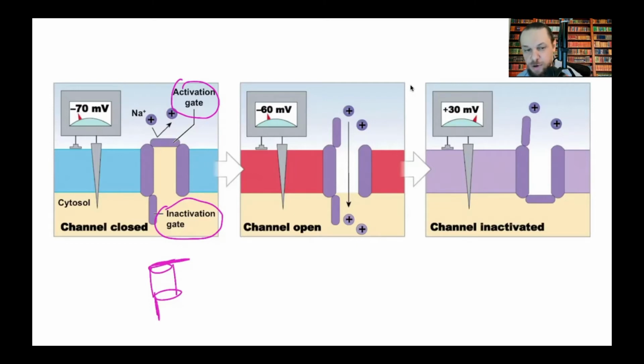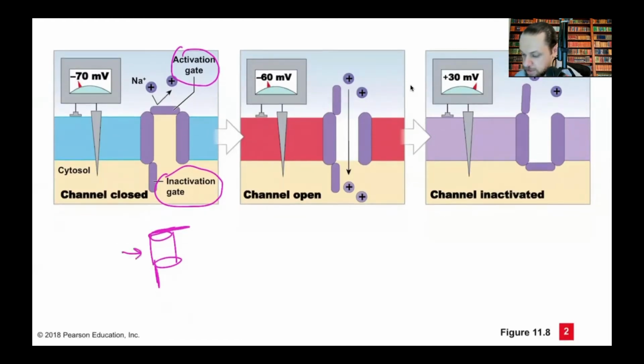for it to have exchange of ions, the channel must be open. So if the channel is in this state, sodium cannot come in because the activation gate remains closed. If, on the other hand, the channel is in this configuration, the activation gate is open, but the inactivation gate is closed, again, no sodium can enter. Why? Because the inactivation gate is closed.